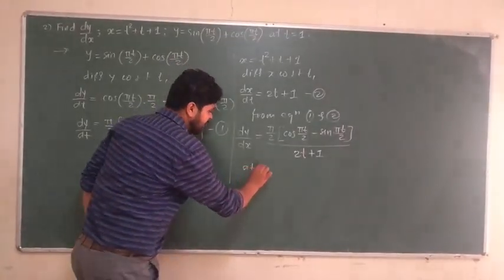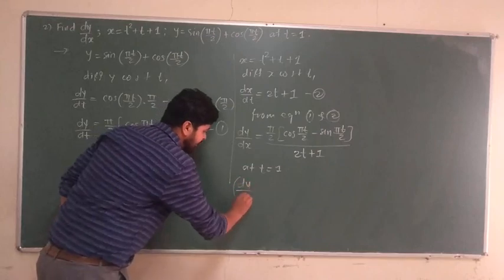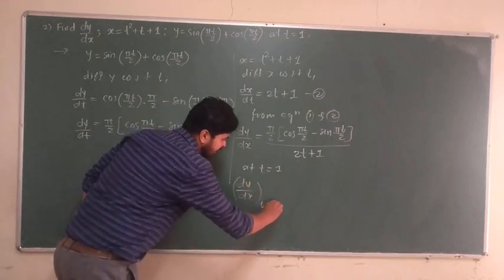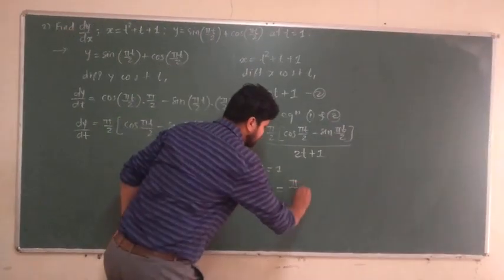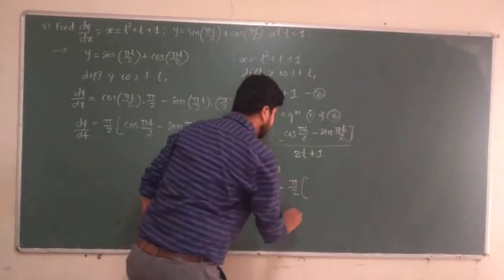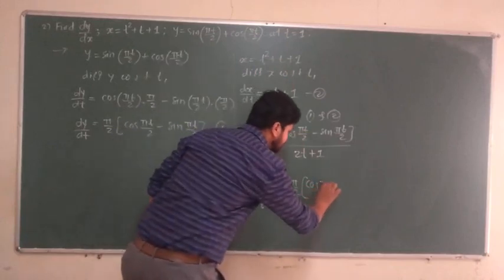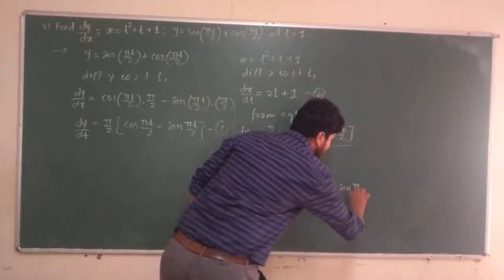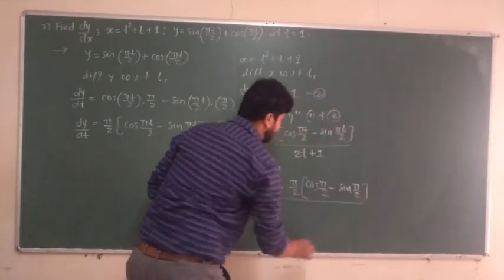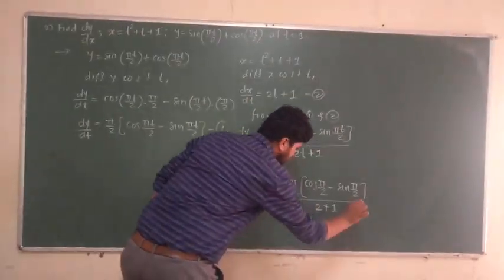So at t equal to 1, the derivative dy by dx at t equal to 1 is equal to this pi by 2 as it is, into, if I put t equal to 1 in this angle, then cos of pi by 2 minus sin pi by 2, upon, and here 2 into 1 is 2, so 2 plus 1.